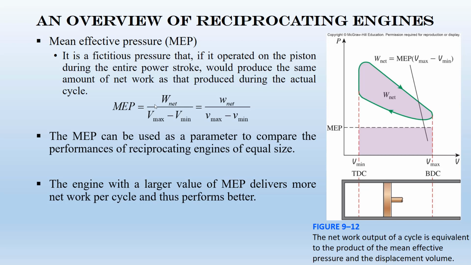If you have two reciprocating engines with the same size but different MEP, you should select the reciprocating engine with the higher MEP, because the higher MEP means the higher W net, and this is the desired output of this system. So again, MEP can be used to compare reciprocating engines with the same size, and keep in mind that the higher MEP is more desirable.